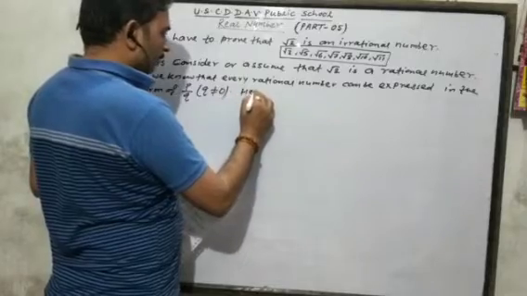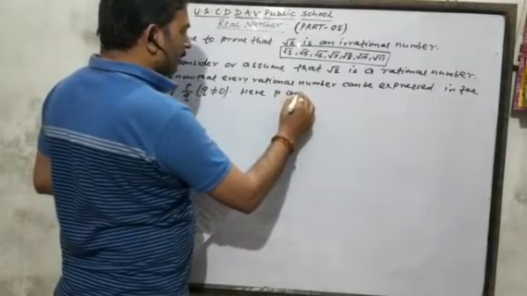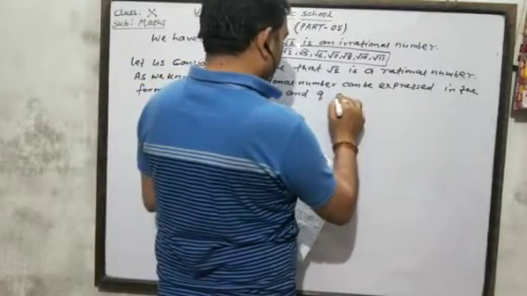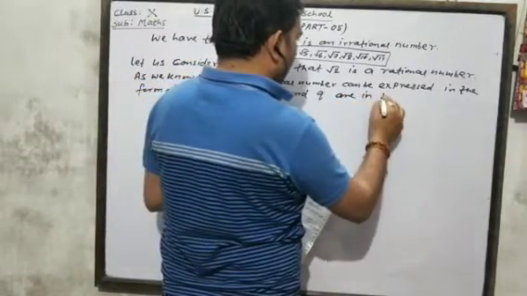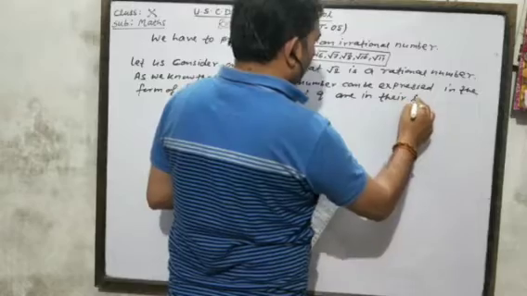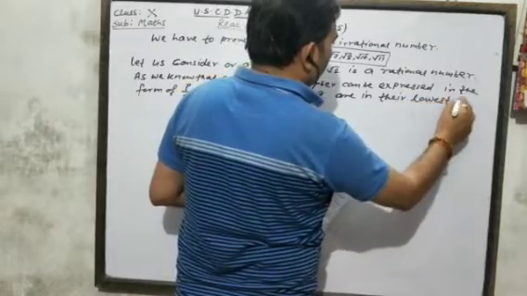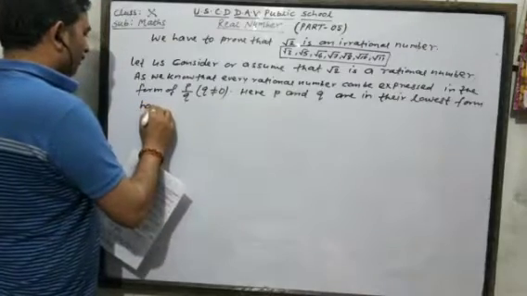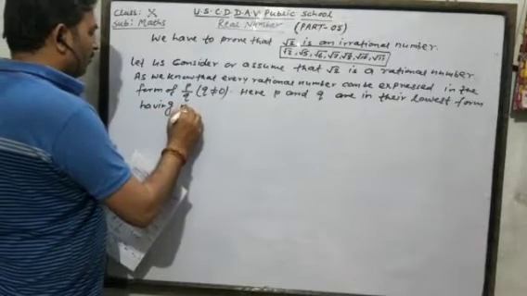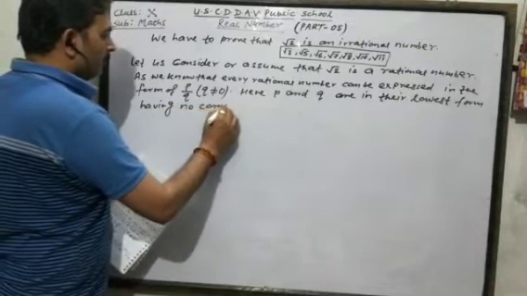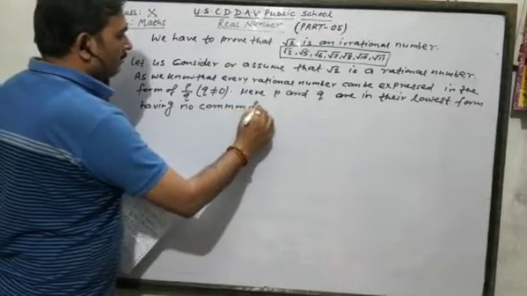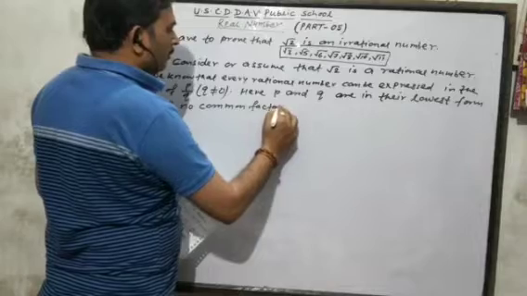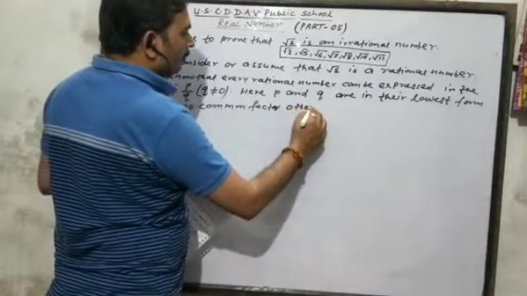Here p and q are in their lowest form, having no common factor other than 1.